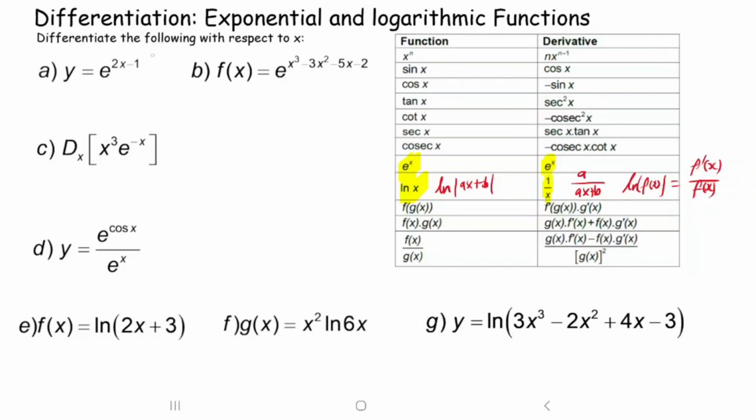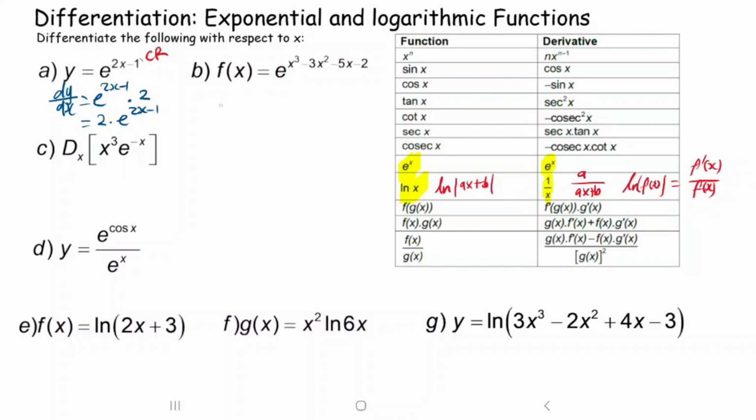Here you can clearly see we'll use the chain rule because we've got e to a particular function. So the dy dx becomes e to the 2x minus 1, because the derivative of e to the 2x is that. Then we derive the inner function, which is 2, so we can simplify that to 2e to the 2x minus 1.